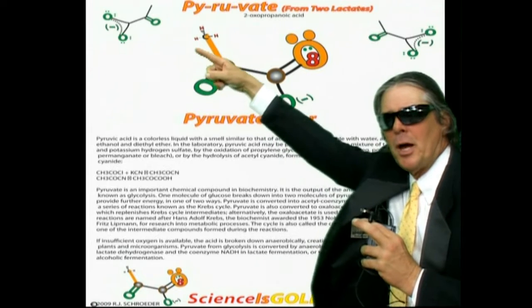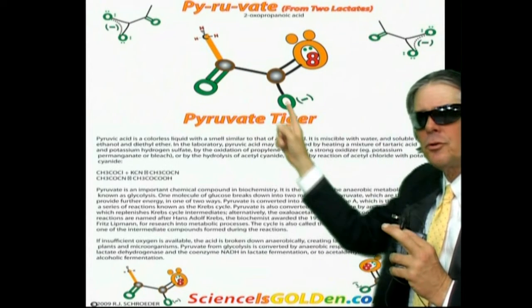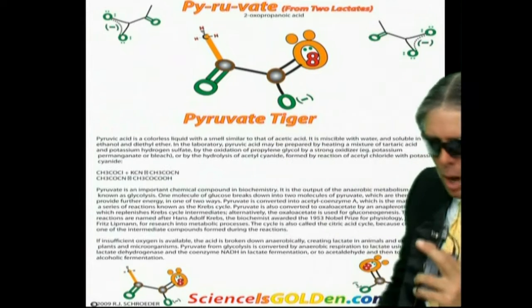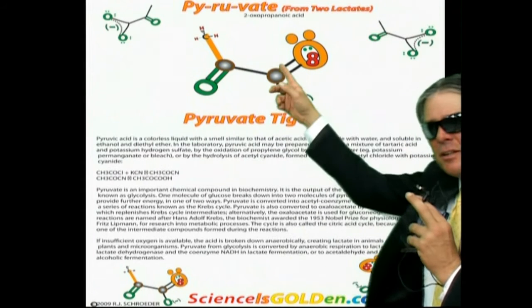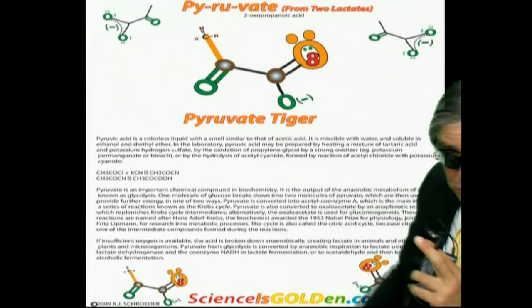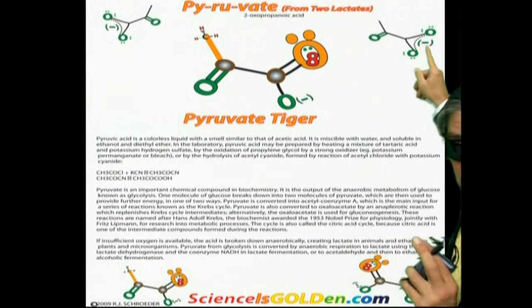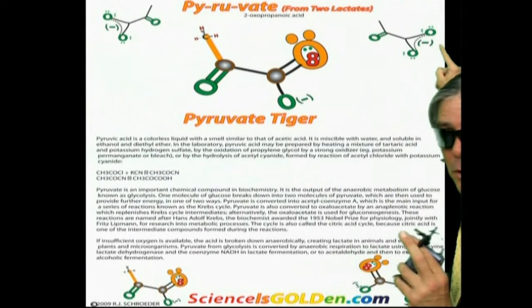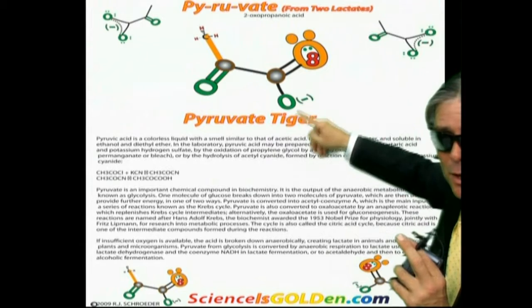A methyl group out here, double bonded oxygen, single bonded oxygen, single bonded oxygen. This technically would have them both the same distance apart, but we'll leave the old traditional structure the way it is. It would be like this, is the more correct way, because it's ionized, the hydrogen's not on it, so these are both the same distance away.